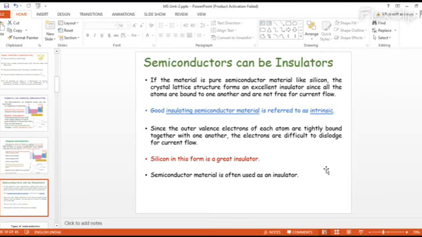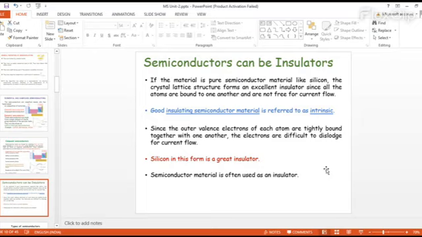A good insulating semiconductor can be referred to as an intrinsic semiconductor. Why are we calling it an intrinsic semiconductor? Due to the involvement of their own electrons in the conducting process, it is called an intrinsic semiconductor.